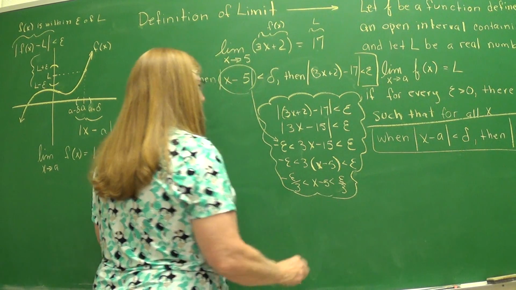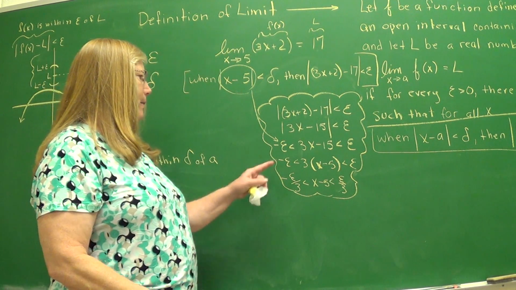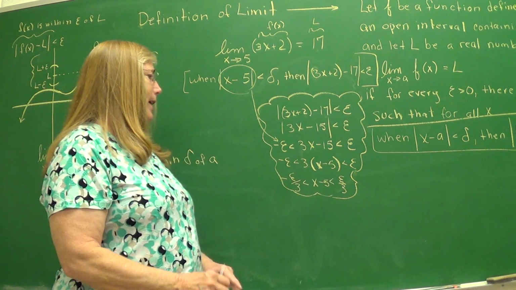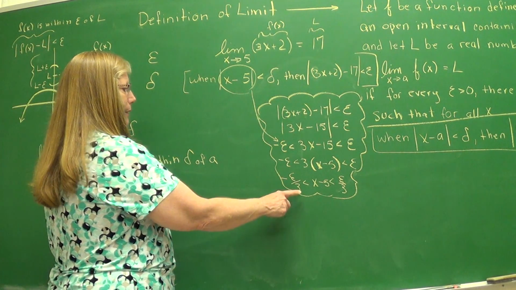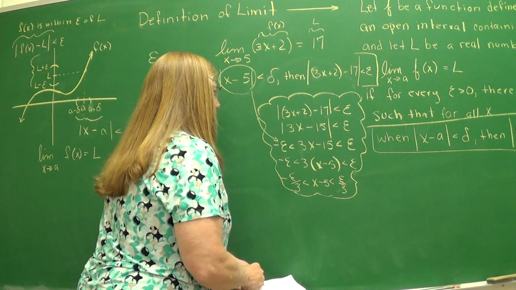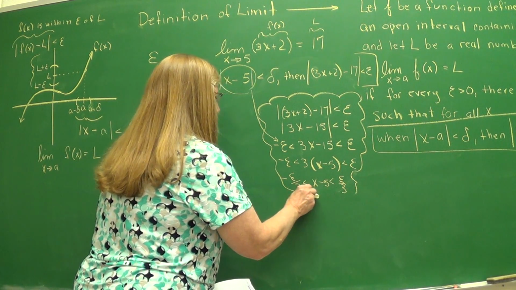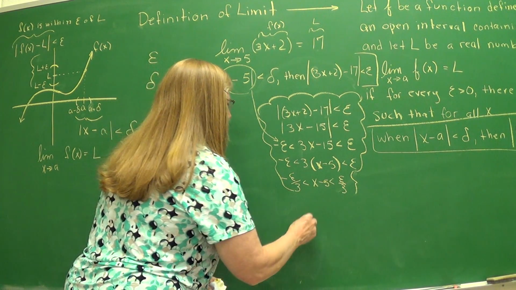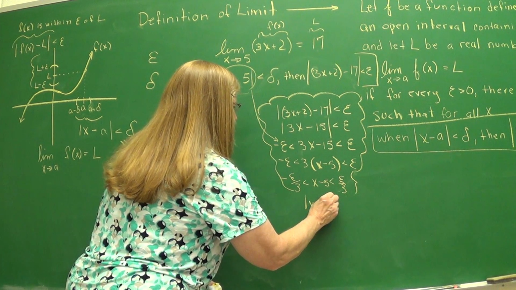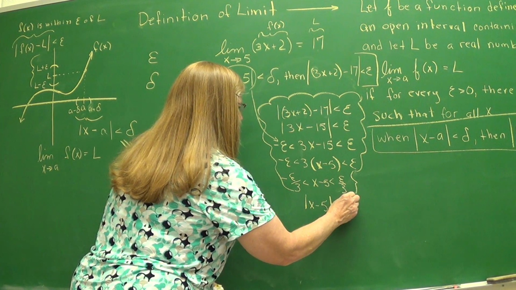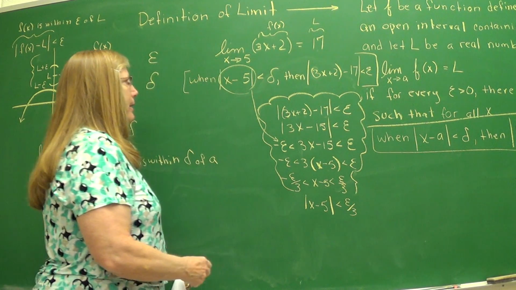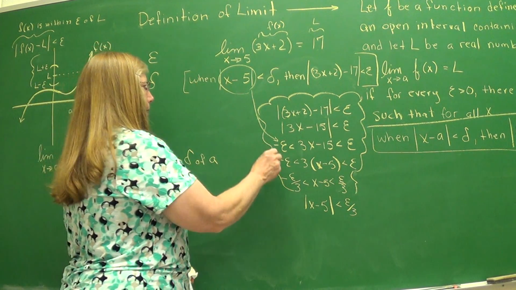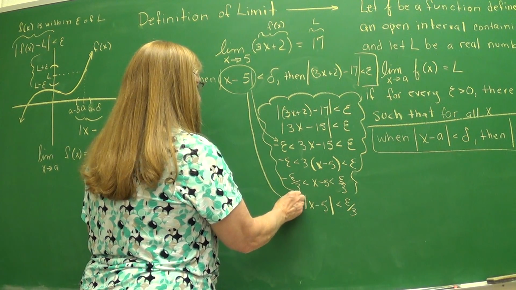And in an inequality, when I divide, every section has to be divided by 3. All right, so observe, I can rearrange that and put absolute value back in. This is the same as saying the absolute value of x minus 5 is less than epsilon over 3. So look at the match. I was aiming for a match.